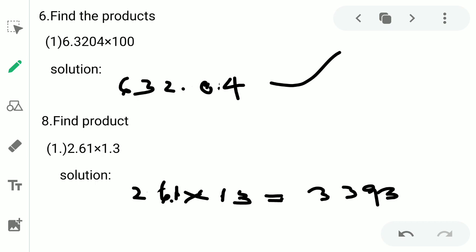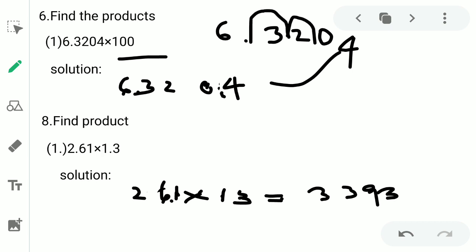When you multiply with 100, the decimal jumps over here. Since I multiply 6.3204 by 100, the decimal jumps three places, 1, 2, 3. So my decimal point comes here, and this is the correct one.